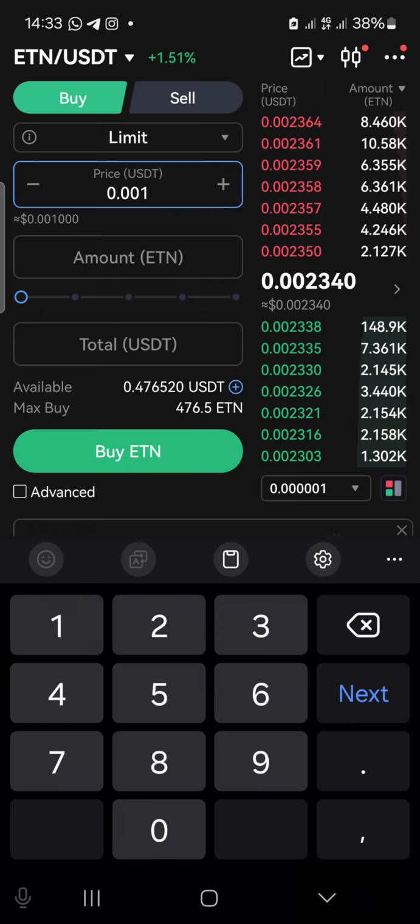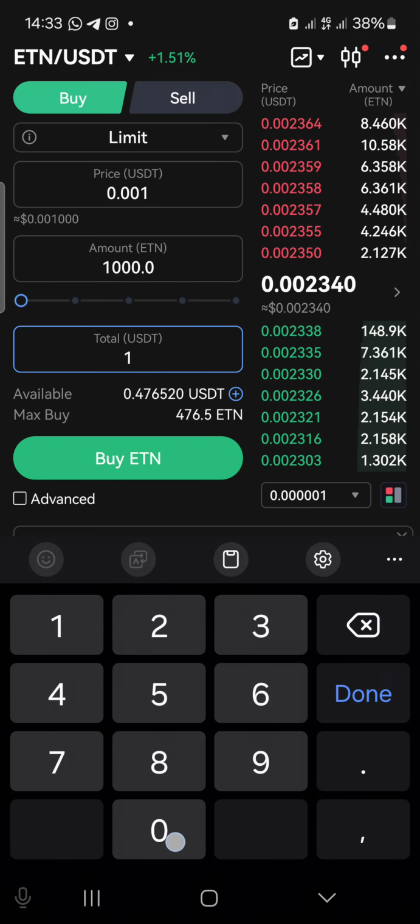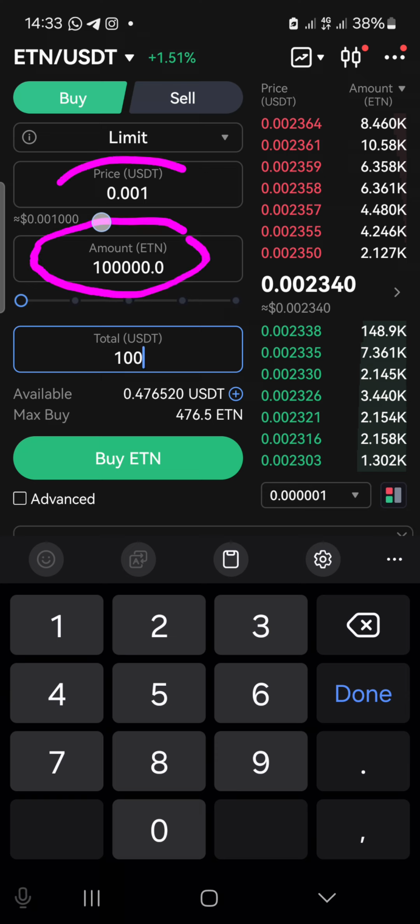That's the price we want to buy ETN at. Let's say we want to trade with $100, you click here and input $100. When you input $100, it is going to show you how much ETN you'll be able to get if the price gets here and you buy with $100.